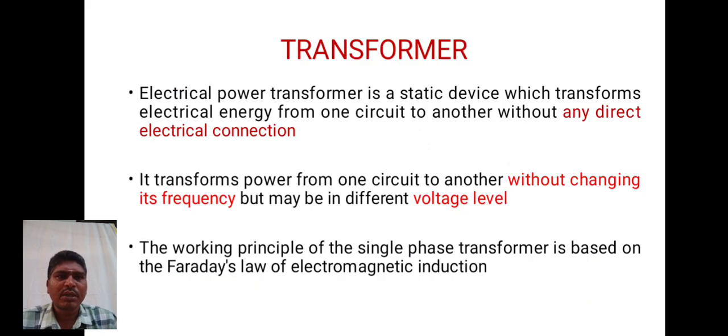The transformer is a static device which transforms electrical energy from one circuit to another circuit without any electrical connection, and without changing its frequency. So the definition of the transformer is a static device which can transform electrical energy from one circuit to another circuit without changing its frequency.